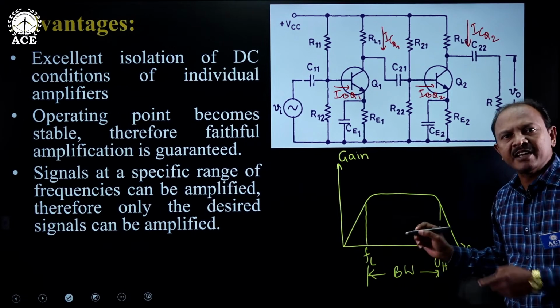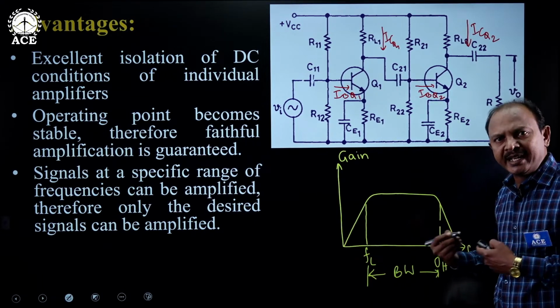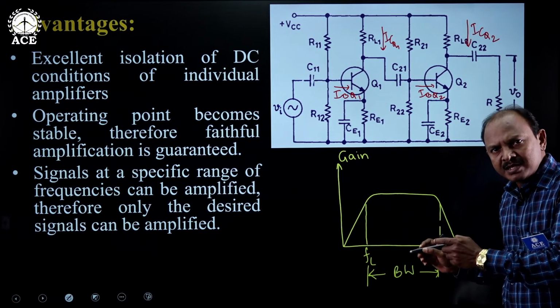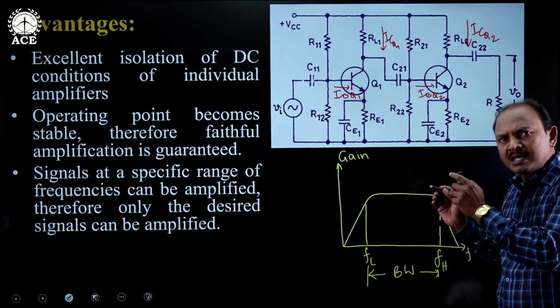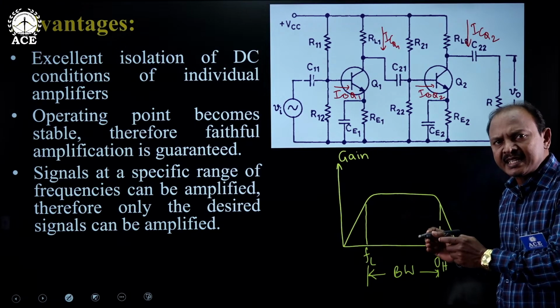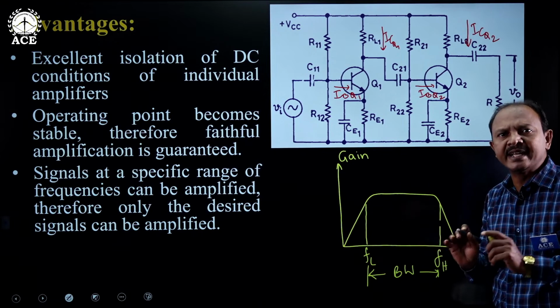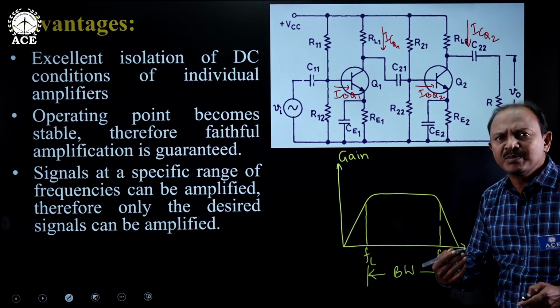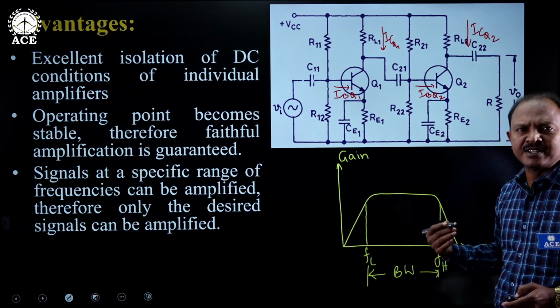Remember, FL and FH are being established by us only intentionally. Because of that reason, the signals of selected range of frequency only, or desired signals in the selected range of frequency only, get amplified, which is a mandatory requirement or a desirable feature in any amplifier circuit.